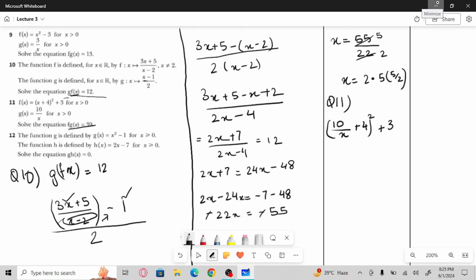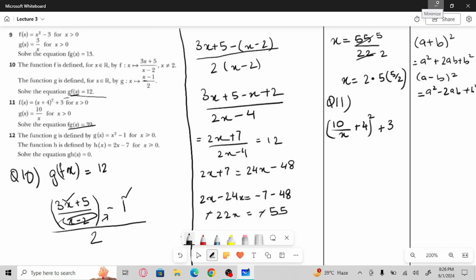It's basically like this: (a plus b) whole squared is equal to a squared plus 2ab plus b squared, and (a minus b) whole squared is equal to a squared minus 2ab plus b squared.